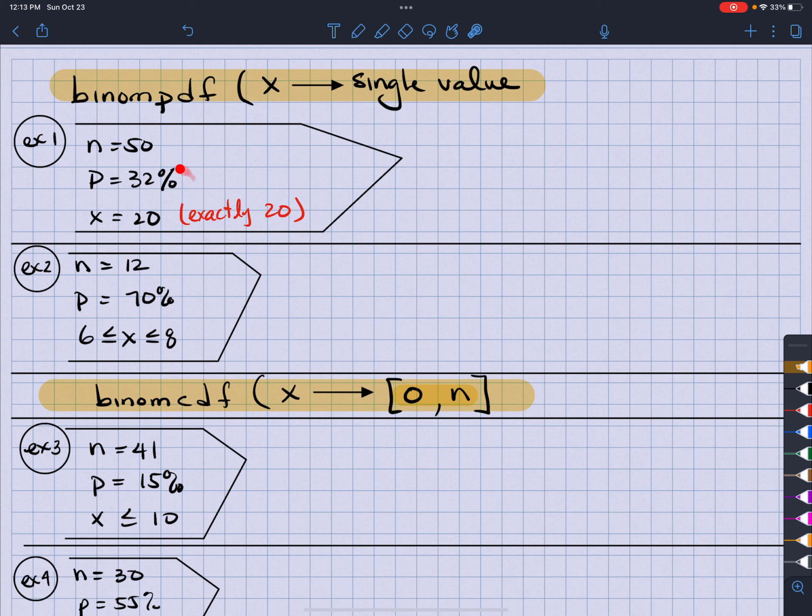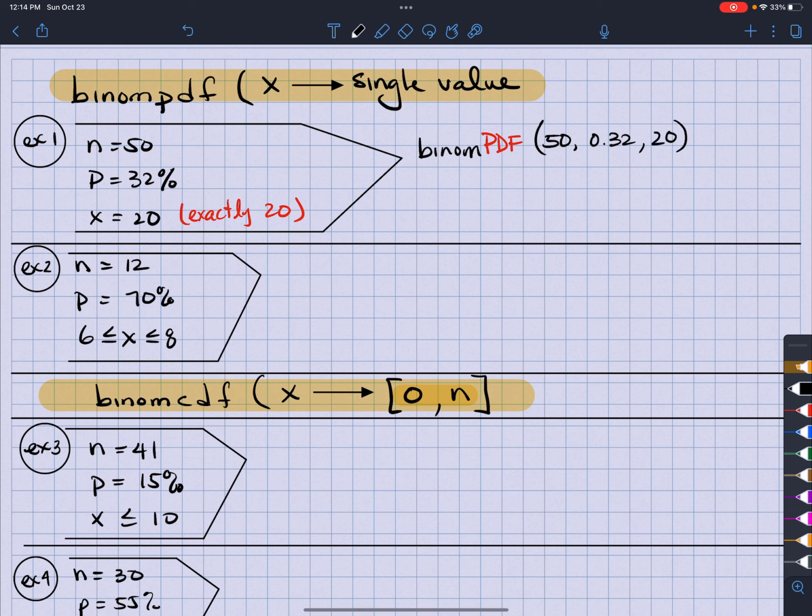So in this case, in the first case, number of trials, probability of success, and I want only 20, so exactly 20. So in that case, I do have to do a binomial, in this case, a PDF, because I want exactly 20. So this will calculate, and don't forget that this is 0.32 for the probability of success, and I want exactly 20.